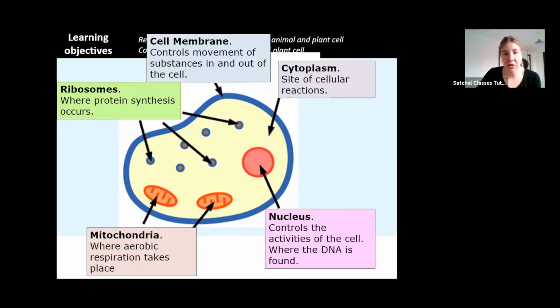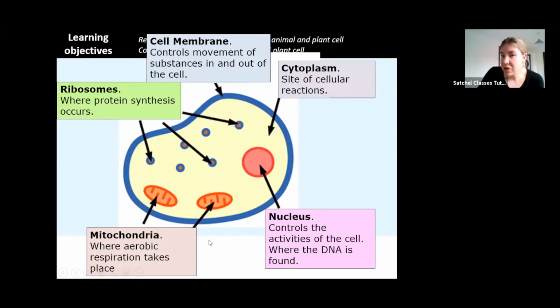Let's move on to a plant cell. So before I show you a plant cell, again, what I think is a really good way to engage in this online lesson is to get a separate sheet of paper, or use the back of the one you've already used. And I want you to sketch what you remember from year 7 or year 8 in terms of a plant cell.